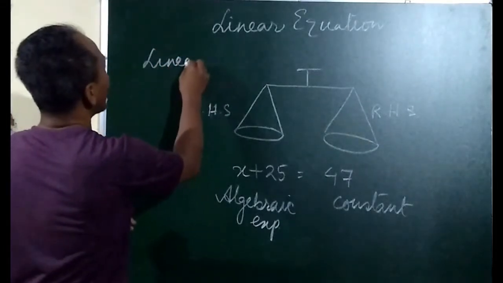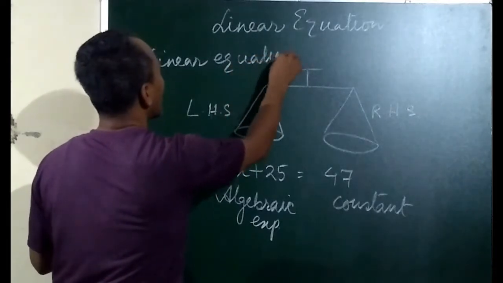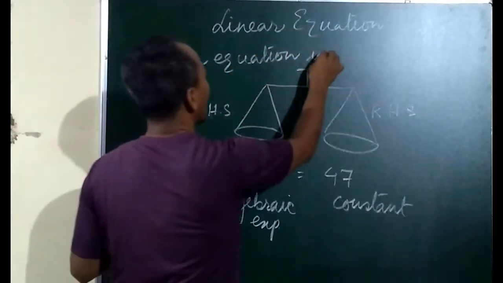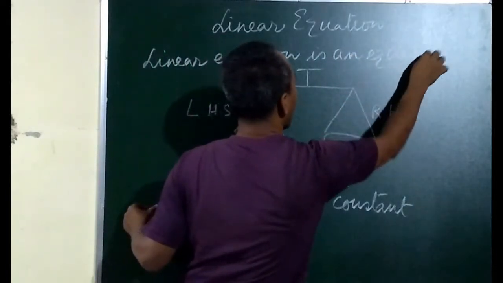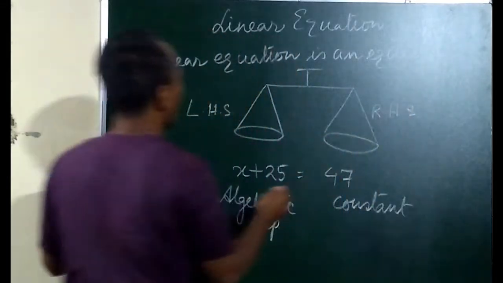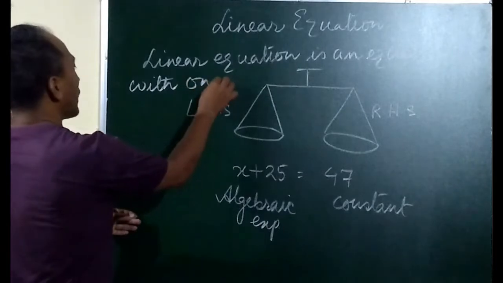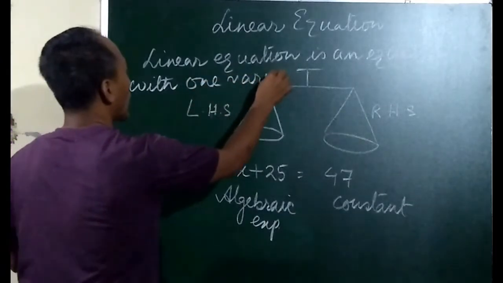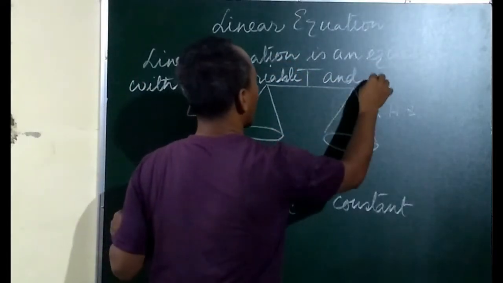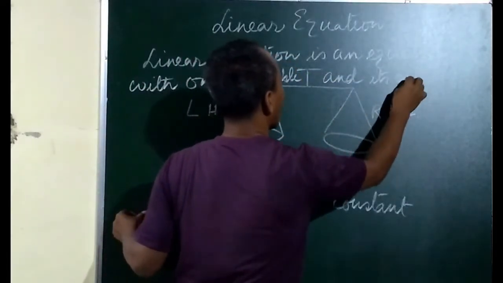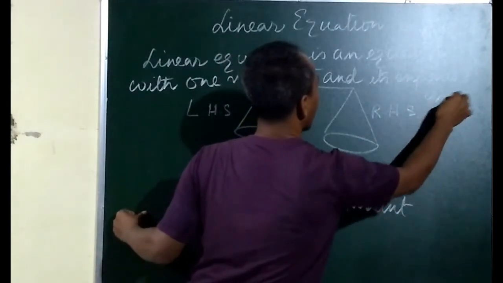Linear equation is an equation with one variable and its exponent as 1.